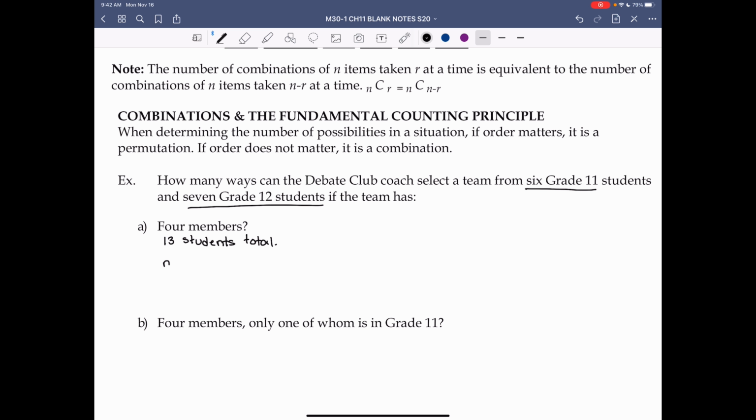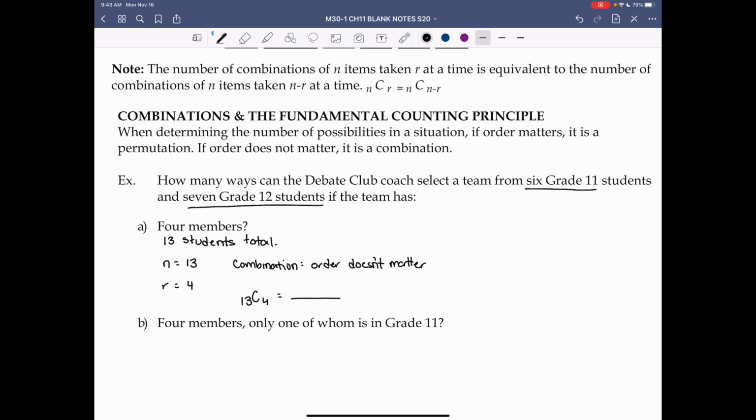So n is 13 and r is 4, and it is a combination because order doesn't matter in this case. So then we have 13C4, which equals, we can use our formula.